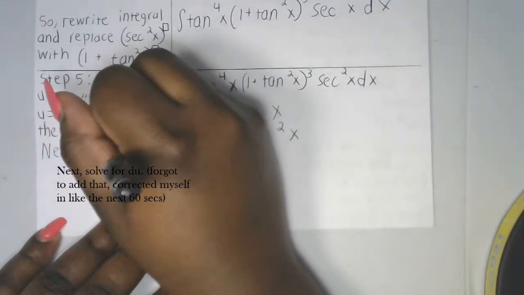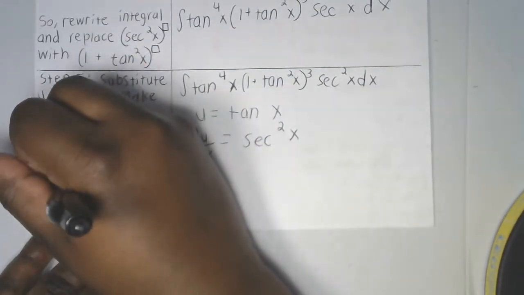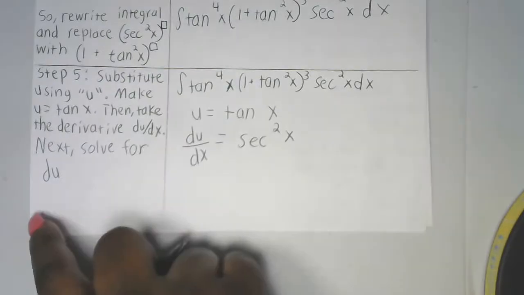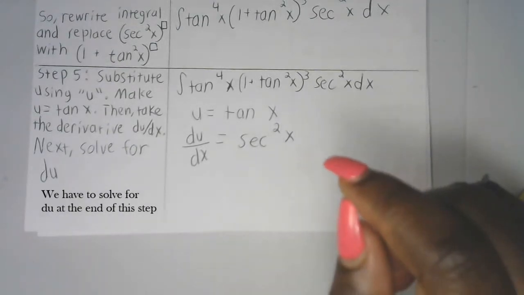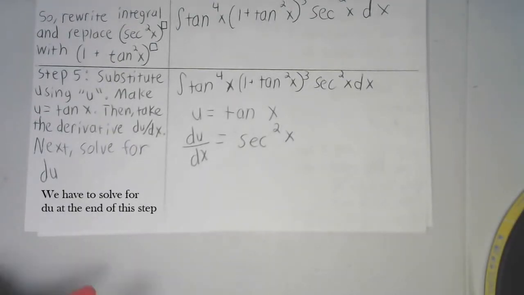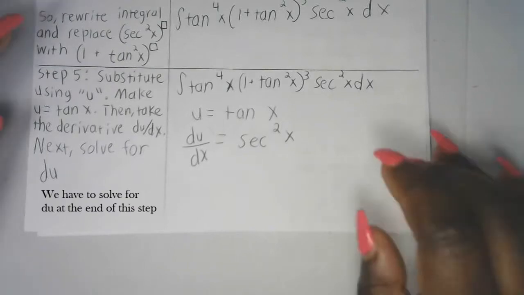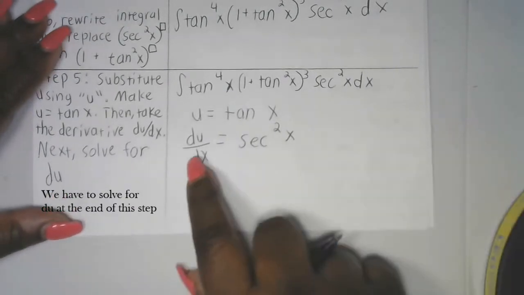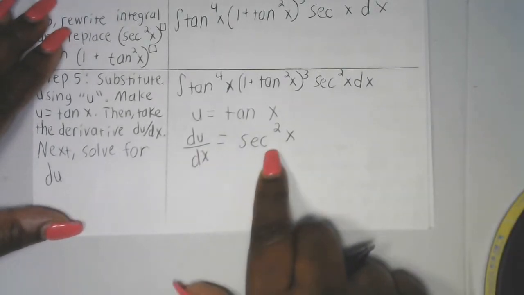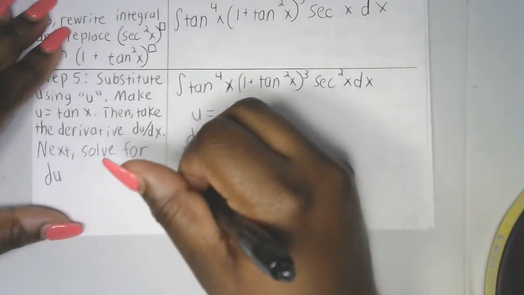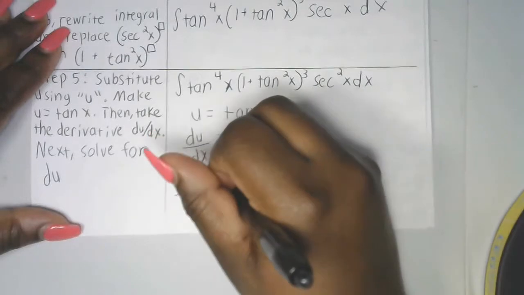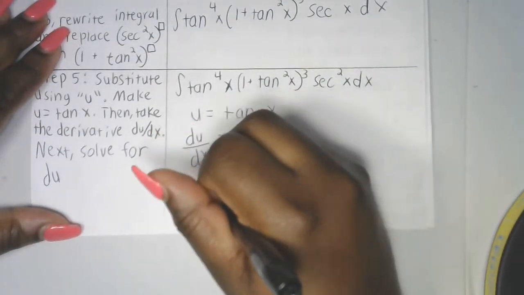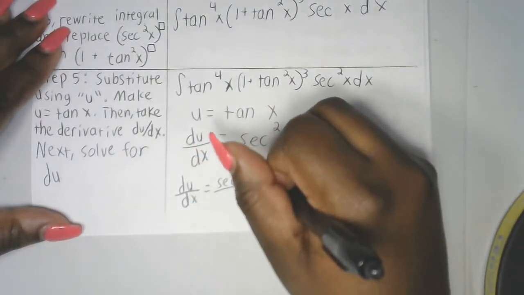I forgot to write that, but I'm going to edit the video and put it here. Anyway, we have to solve for du. So we have du over dx equals secant x squared. We can make this a fraction, du over dx is equal to secant x squared over 1, and then we cross multiply.